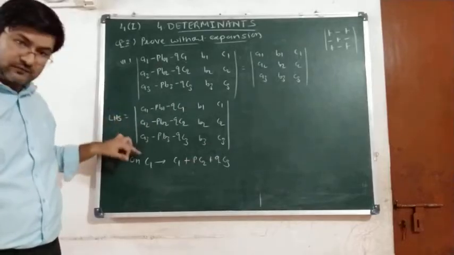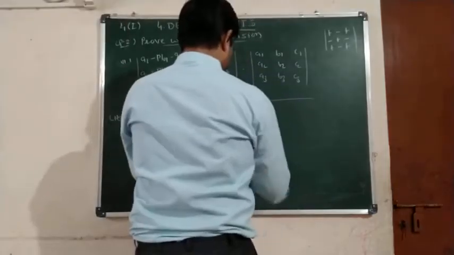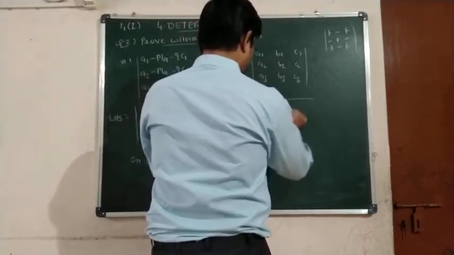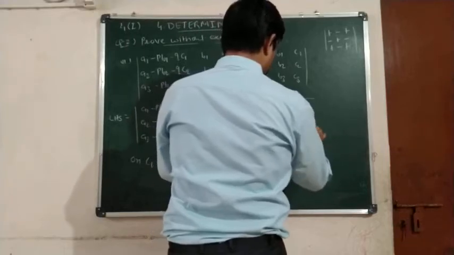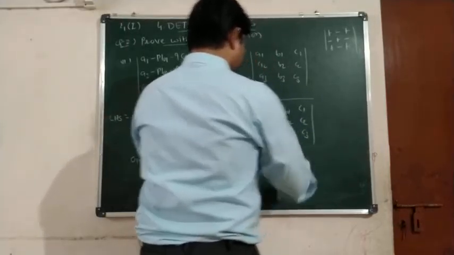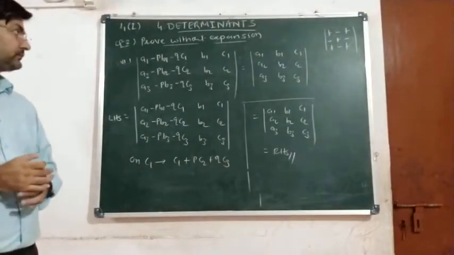So we are left with the first entries A1, A2, A3. So we will get A1, A2, A3, B1, B2, B3, C1, C2, C3, which is equal to the right hand side. The required proof is done. Clear?